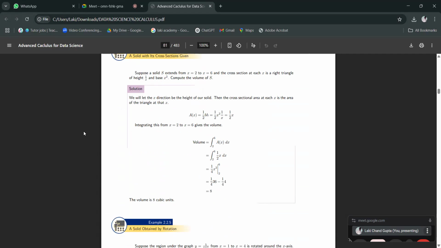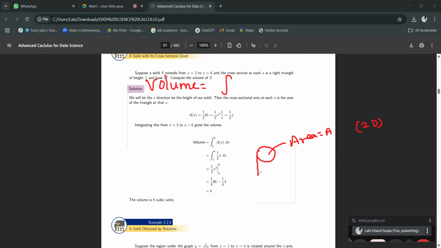Okay. How to find the area? Sorry, volume. Volume is what? Actually, this is a circle. The area of the circle, let's suppose A. But a circle is in 2D. 2D means length and breadth.